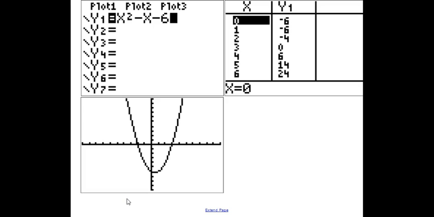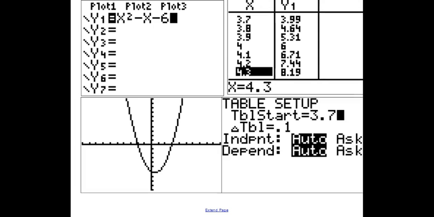Now I want to change the table a little bit. Notice above the window button, it says Table Set. So above the window button, go to Second Table Set, and we're going to change the way the table works. Change the table set start to 3.7. And then what's this little notation here mean?